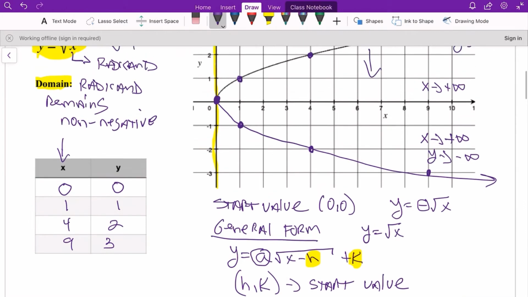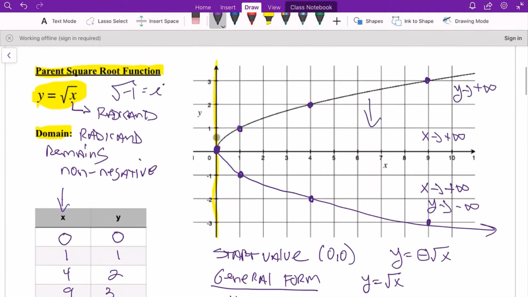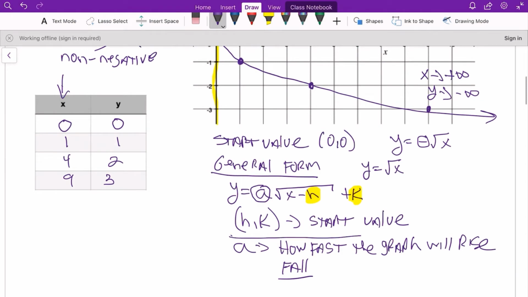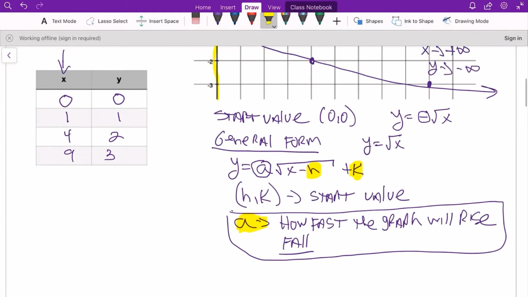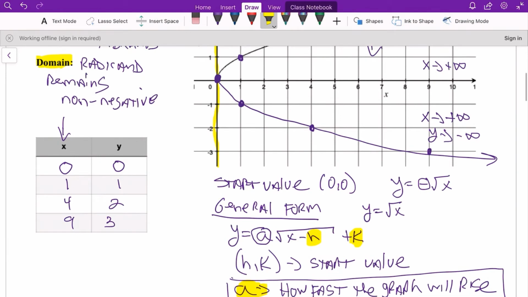I said in the beginning, sometimes these graphs are taller than others or flatter than others, and you can also see that it's reflected over the x-axis. Well, that's basically what this term does. A is going to tell us if the graph is going to get really steep or really flat, and also if the graph is going to be reflected like this graph is right here. We're going to get into that in a little bit.